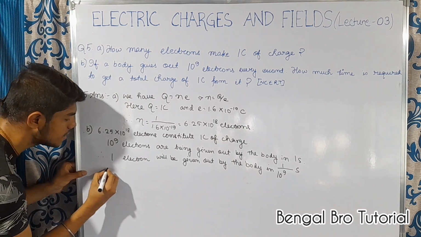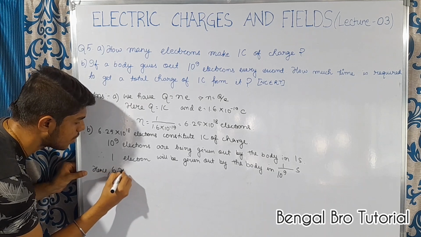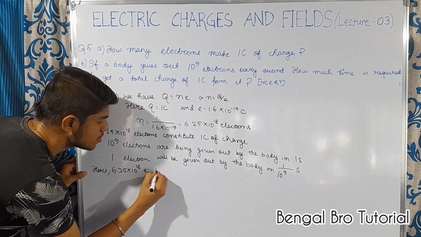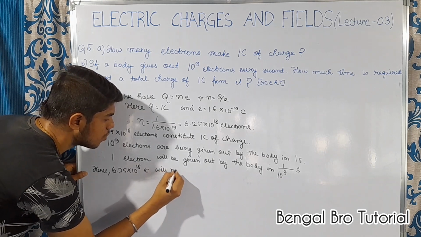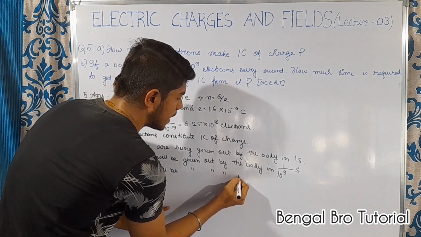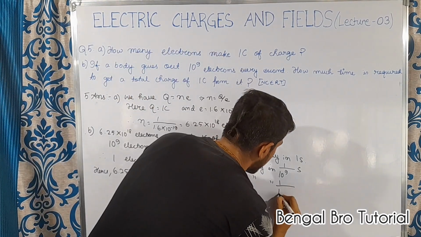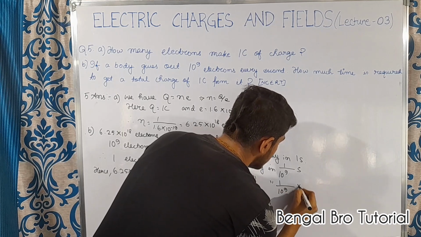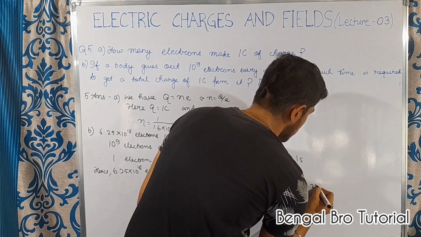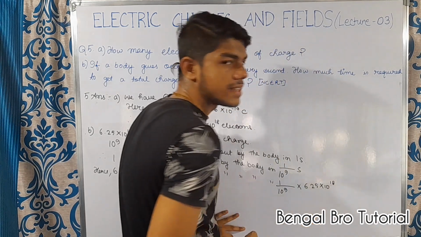Therefore, 6.25 into 10 to the power 18 electrons will be given out by the body in 1 by 10 to the power 9 into 6.25 into 10 to the power 18 seconds.